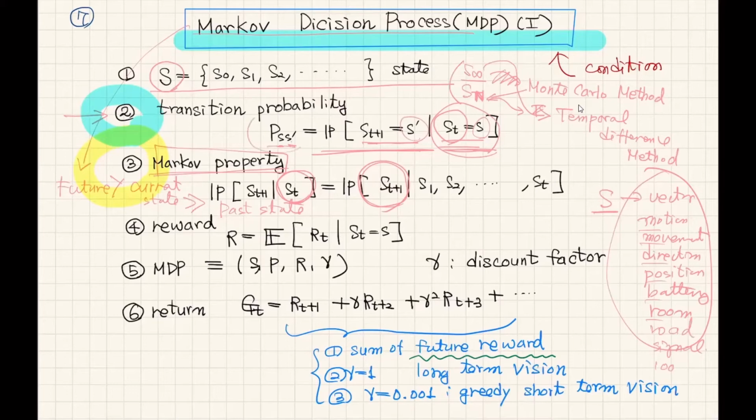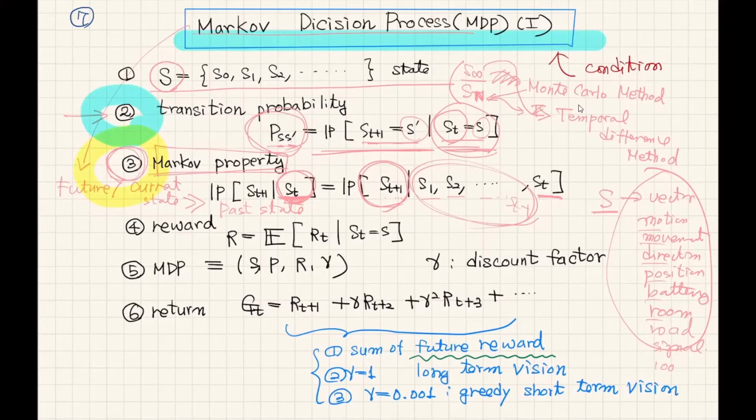This probability depends totally on the current state. We don't need to worry about S1, S2, up to ST minus 1. Forget about that. We only have to think about the current ST. The probability of state ST plus 1 is totally determined by ST, the current state. That is the meaning of the third requirement.